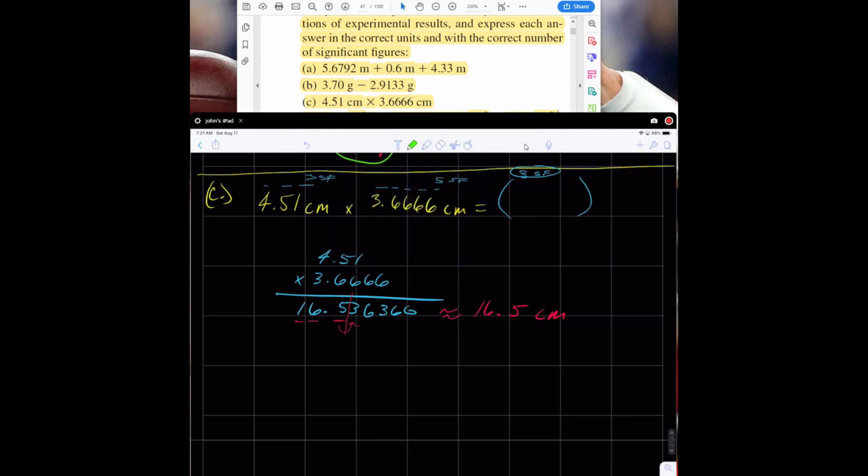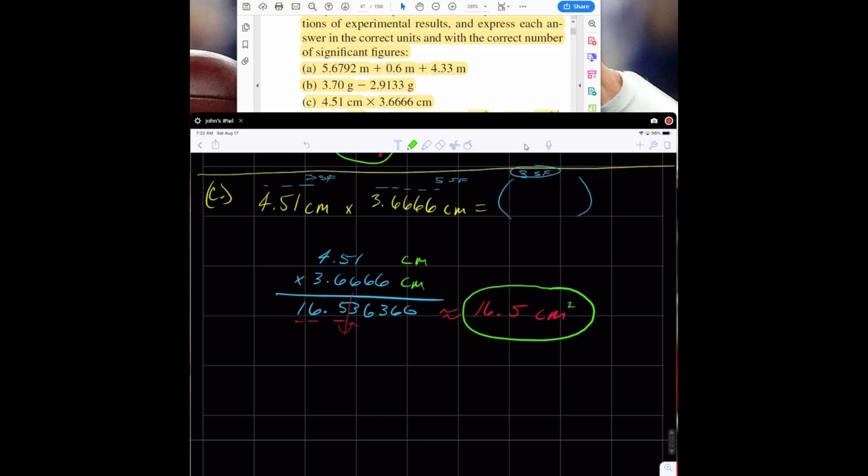Oh, actually, you know what? You gotta be careful. I made a mistake. Anyone catch it? Well, I'm gonna say it. The mistake I made was the units are centimeters squared, not just plain old centimeters.